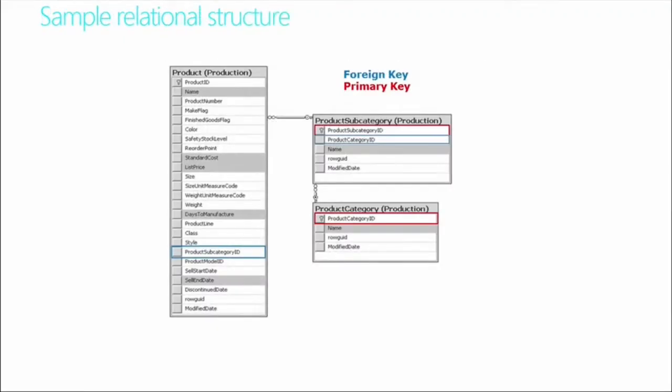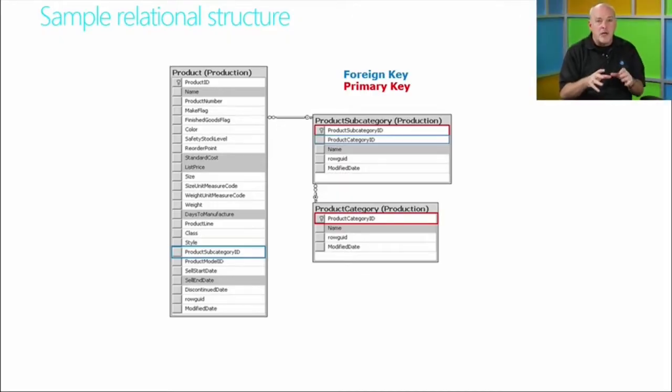This is an example of a relational structure we're going to be referencing throughout. You'll see here that we have a table called products in the production schema, and we've got a product subcategory ID. Now this is referring to another table, and in that table there's a product category ID, which is referring to yet another table.